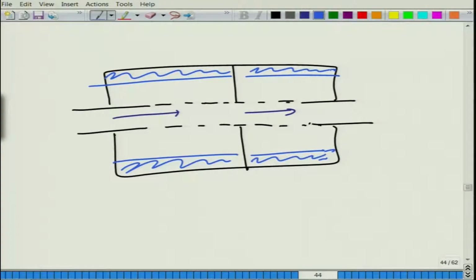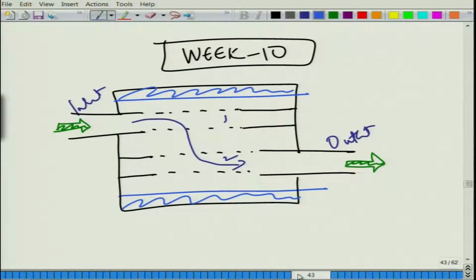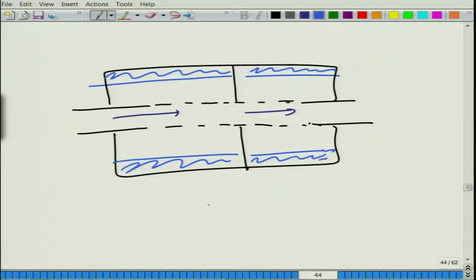But the central thing to be noted in this configuration, well, this is cross flow anyways, and this is straight through, is that the flow can take only one path, okay, but then there can be many other configurations in which multiple paths do exist.